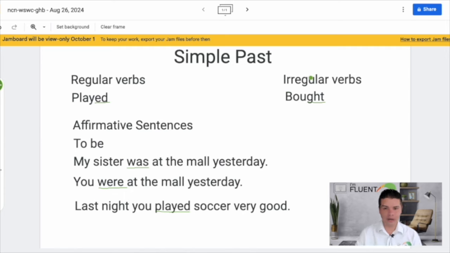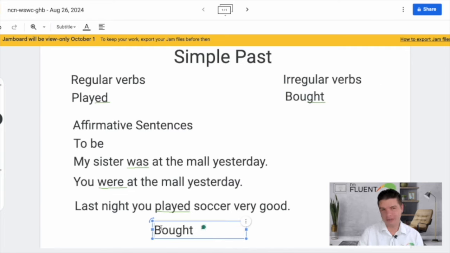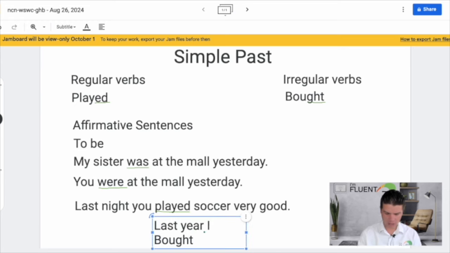But now here it's played, so that's why it's the simple past, and it's a regular verb sentence in affirmative. And now for the irregular, let me copy the same verb, bought, and I'm going to put here something that I would have loved to do yesterday, but I didn't. So let's change yesterday. Let's put last year. I bought a new laptop.